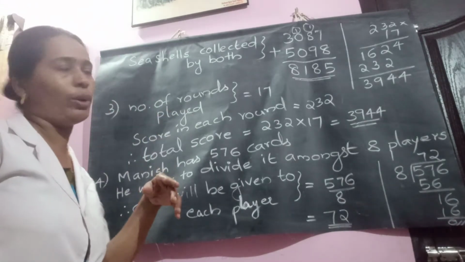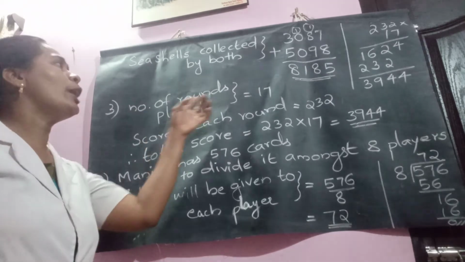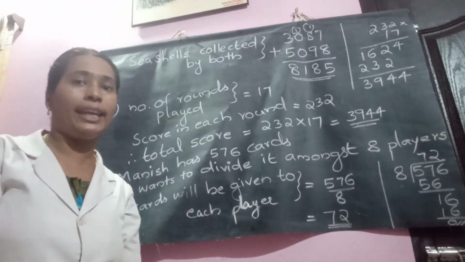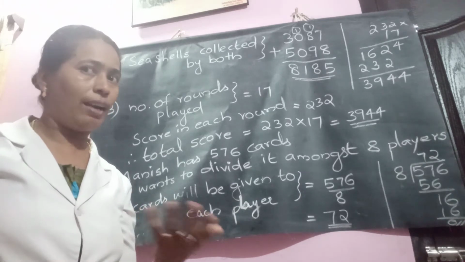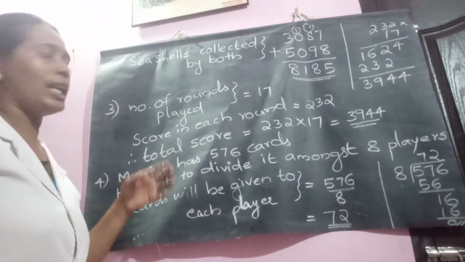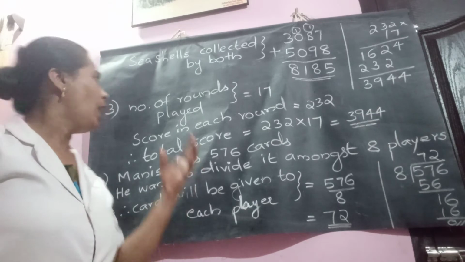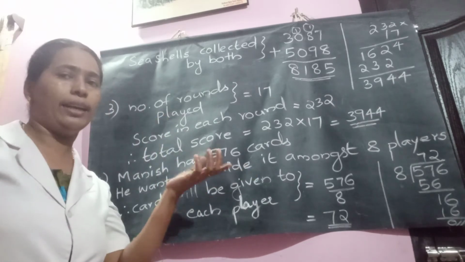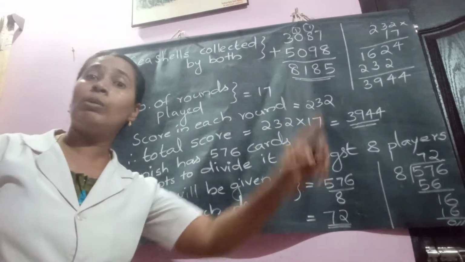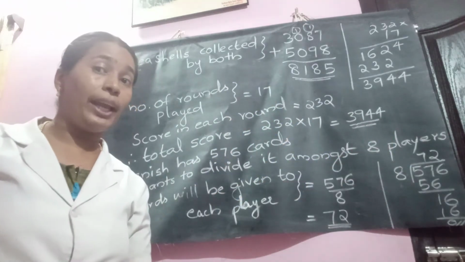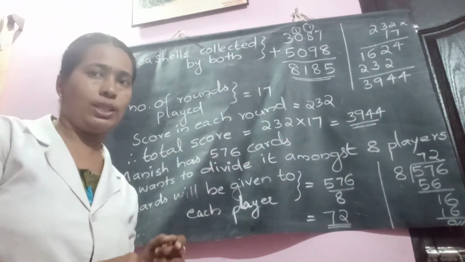Okay, let us move to our third story. The story is the number of rounds played in a game. Already you are all familiar with games. Mobile games are very familiar, isn't it? How many rounds did Kiran play? Kiran played 17 rounds.